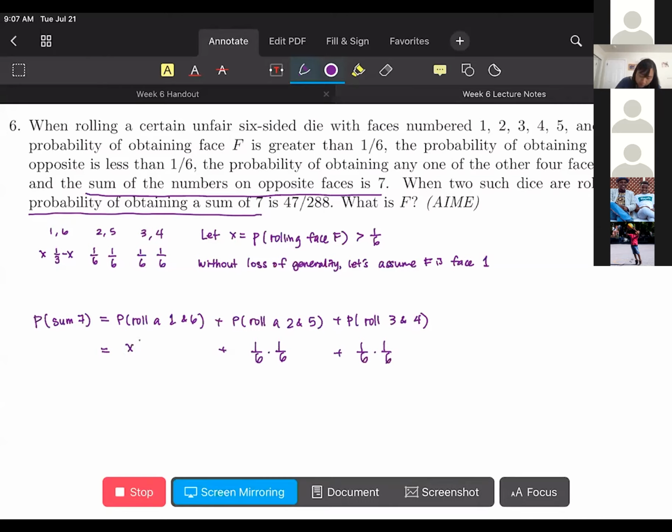Yeah, so it's x times 1/3 minus x. And then we know that the total probability of this is 47 over 288, because that's what it says in the problem.